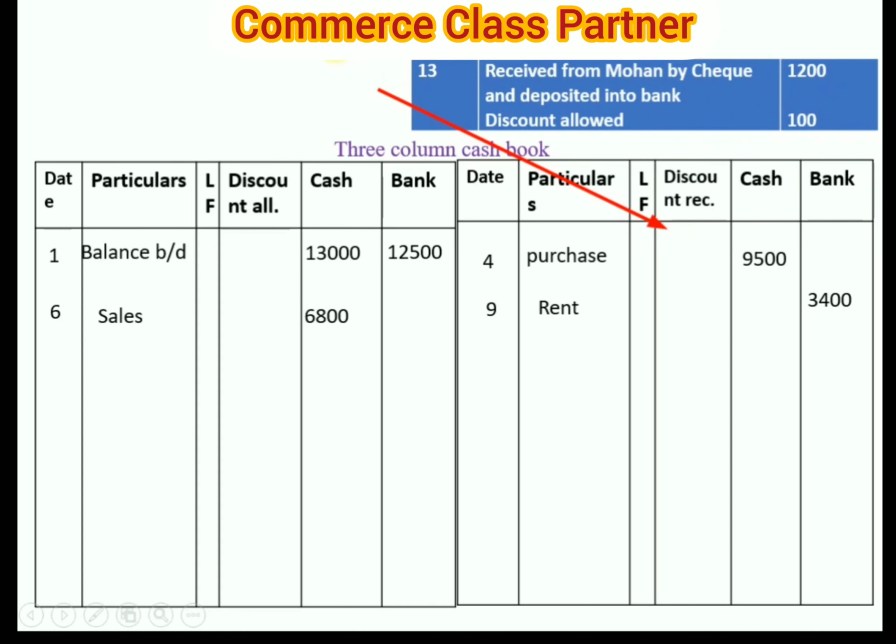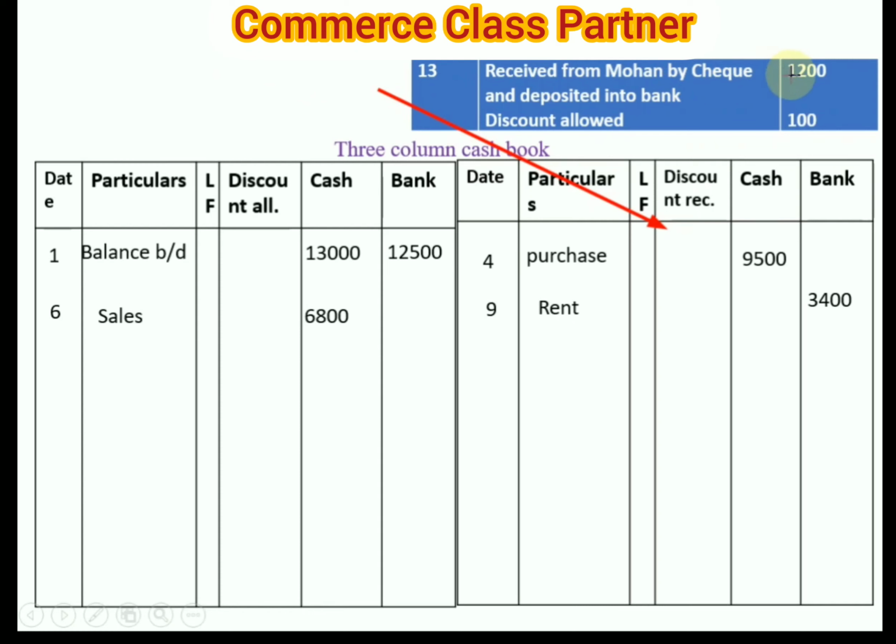So the journal entry is bank account debtor to Mohan. Bank balance increases. When an asset increases, it should be debited. Here Mohan is a debtor, an asset, and when he pays us by check, the asset decreases. So Mohan should be credited.